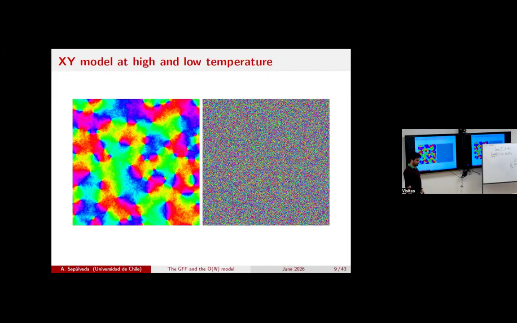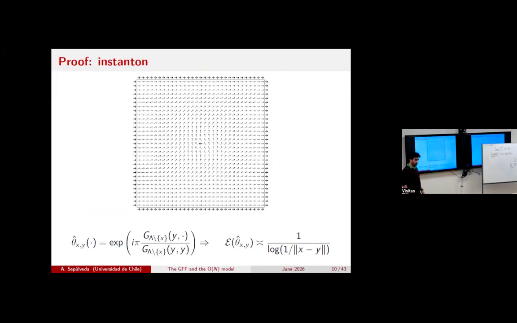So let's go to address Daniel's question, why we don't have a phase transition for this. So this is the Mermin-Wagner argument. And the main question is how difficult it is to create a configuration such that all of them are looking to the right on the boundary, and in the center they are looking to the left.